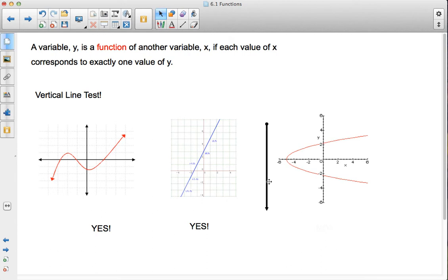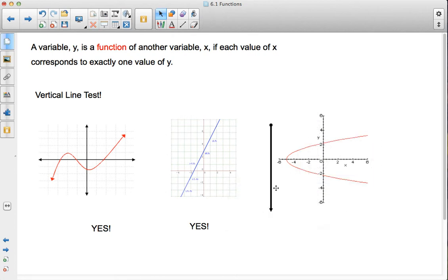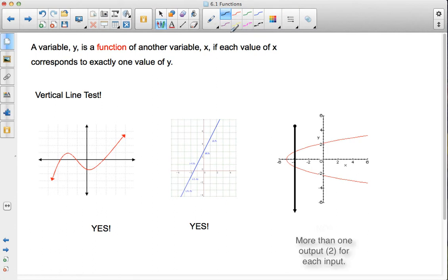Here's where it's going to get a little tricky. Because as we can see, when I run the pencil through, the pencil touches two points on the line, right there and right there. So that tells me that it is not a function.